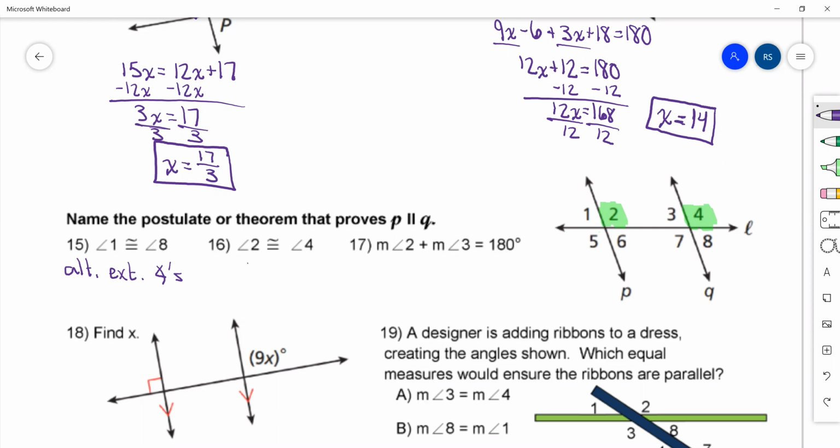So these are corresponding angles. And last but not least, they tell us that 2 plus 3 is 180. Only one that we know of that does this is same side interior angles.